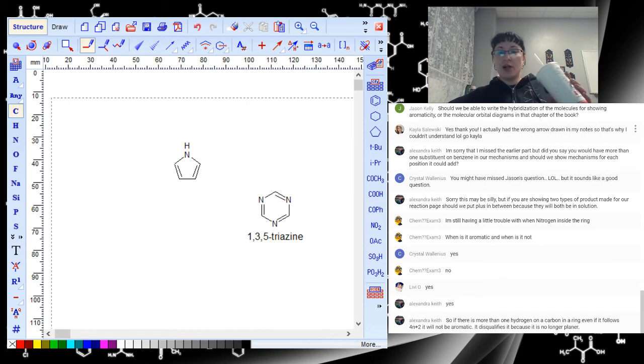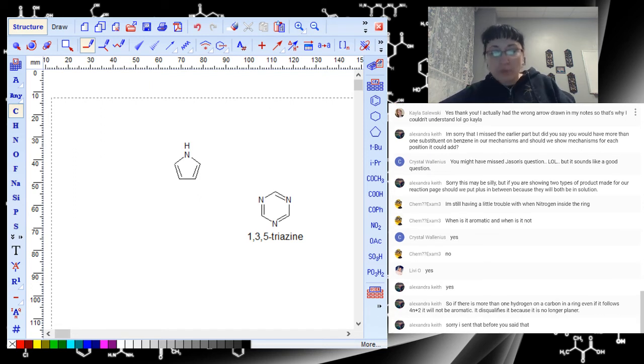All right, it's 9 o'clock and I have to read a 20-page paper for tomorrow morning, so a couple more. More than 1 hydrogen on a carbon in a ring. Oh, okay.